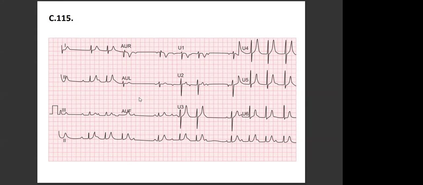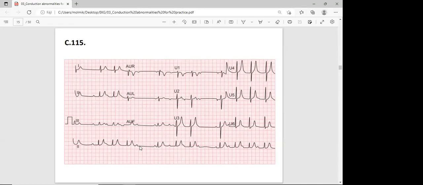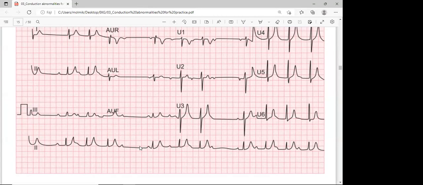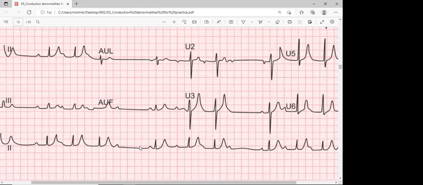Why? Because when I zoomed into lead 2 at the bottom, the P waves weren't the same. They look different. Let's look here. That's a PR. That's a PR. This is not conducted. That's conducted. The last conducted.